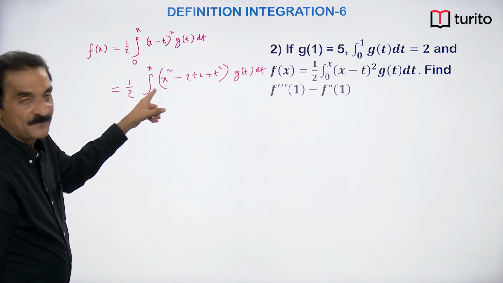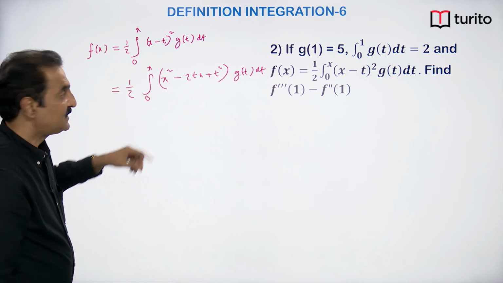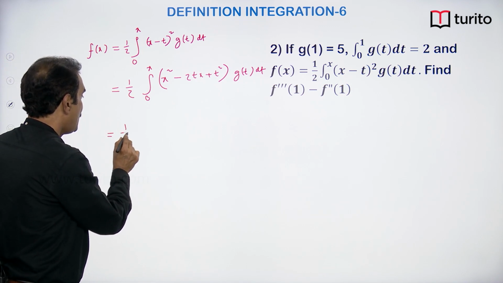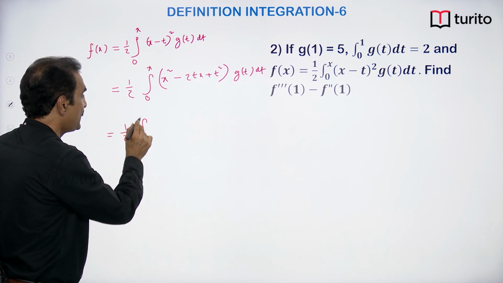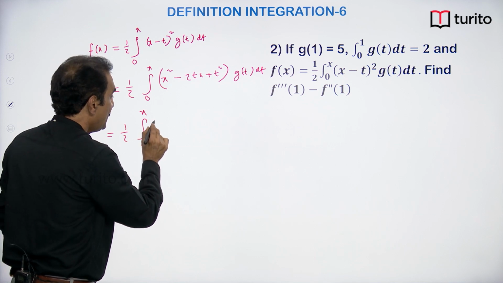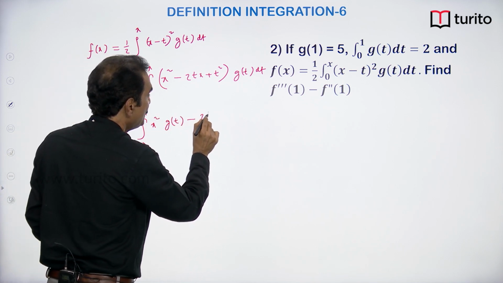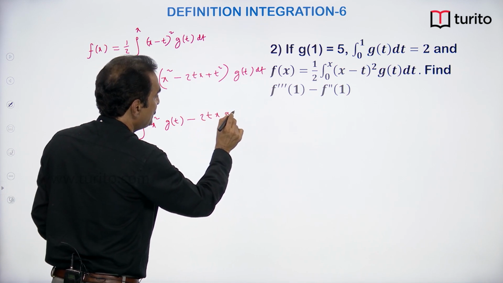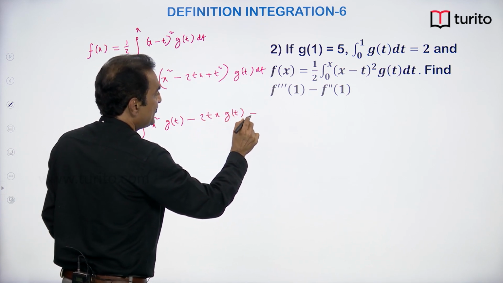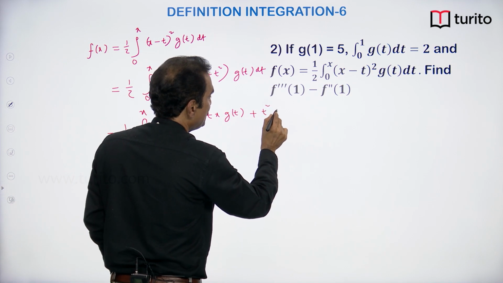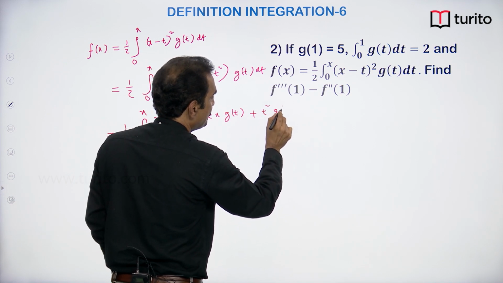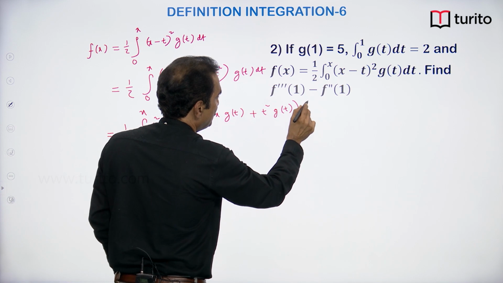Now multiply by g of t inside this bracket, half into integral 0 to x, x square g of t minus 2tx g of t plus t square g of t dt.